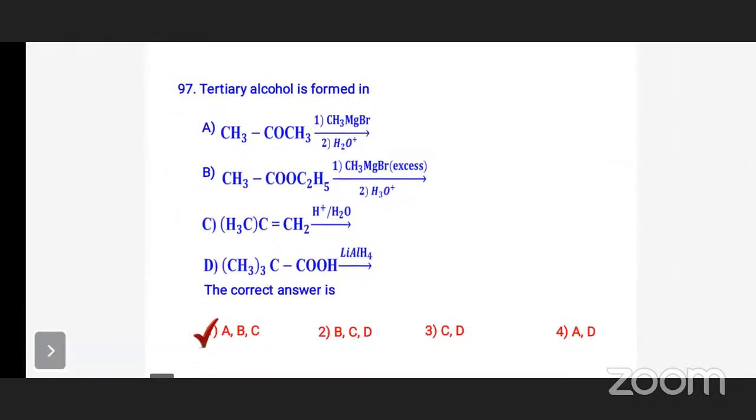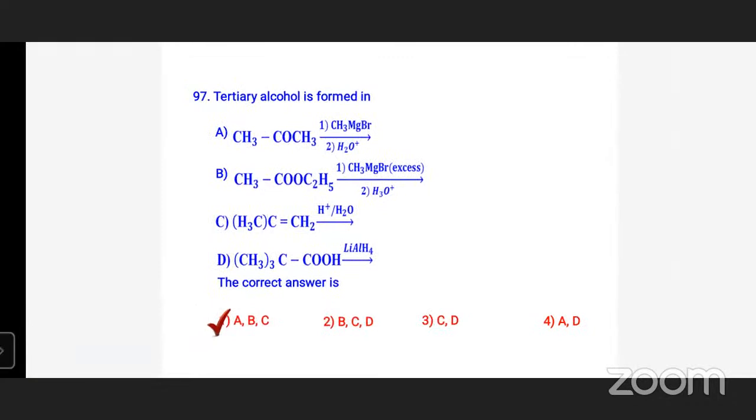Tertiary alcohol is formed in which reactions? CH3COCH3, a ketone, reacts with Grignard reagent CH3MgBr. CH3C=O, COOC2H5, an ester, reacts with Grignard reagent. CH3C=CH in the presence of H+ and H2O.